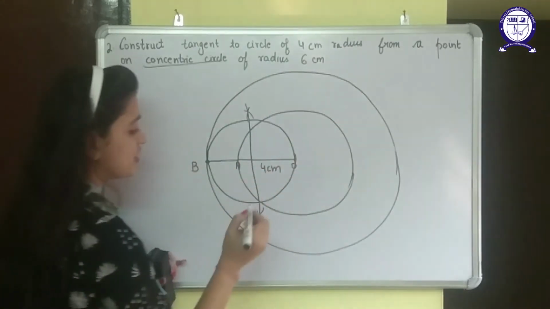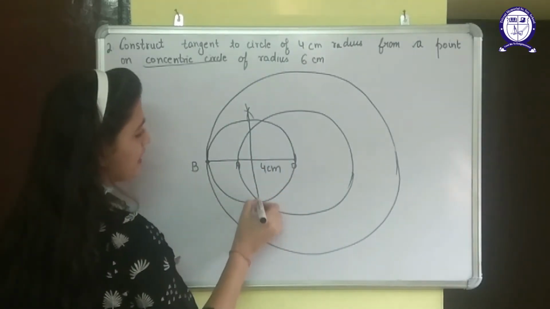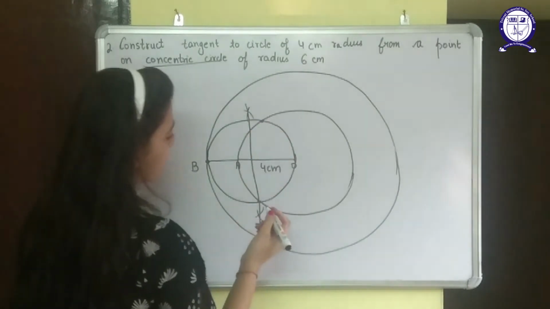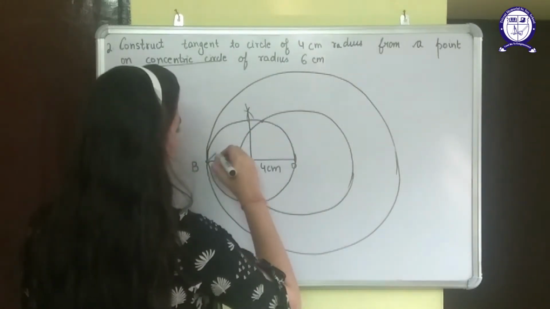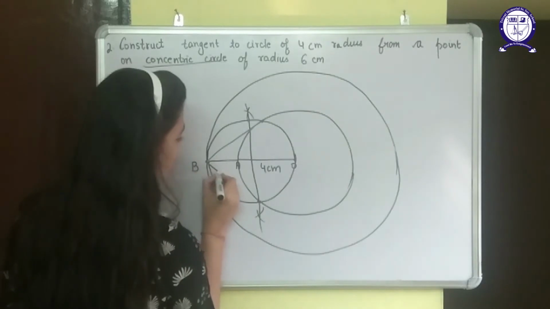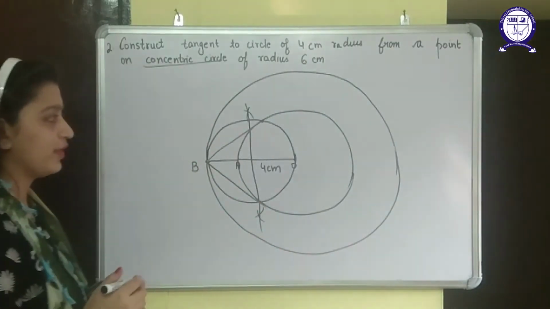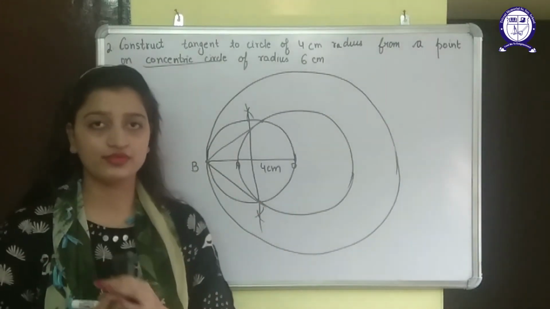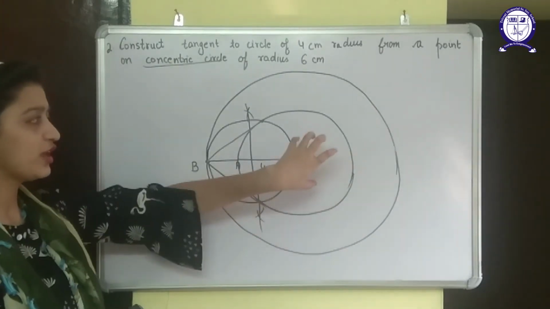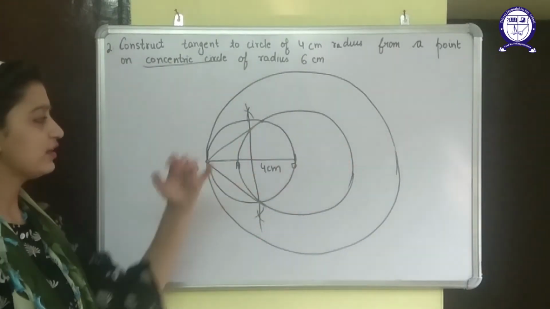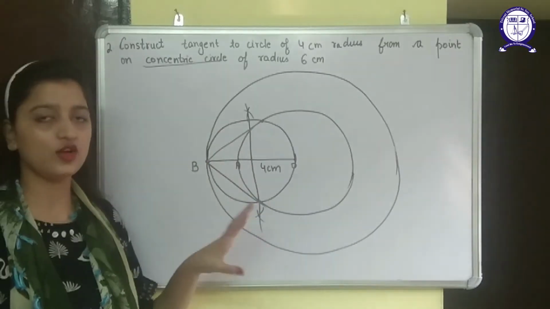And where it cuts the circle is this point and this point. These are my required tangents.